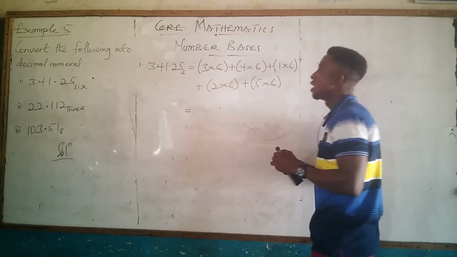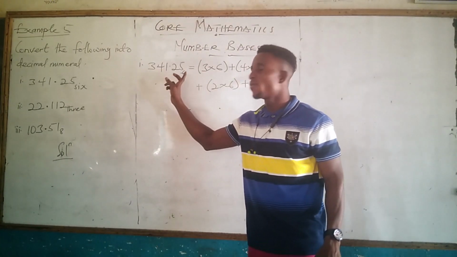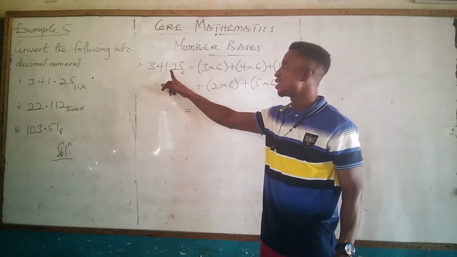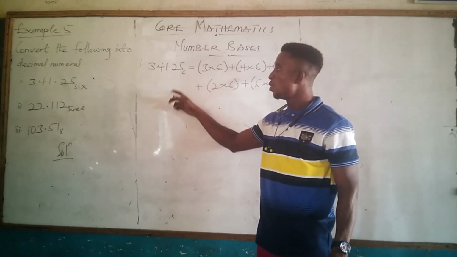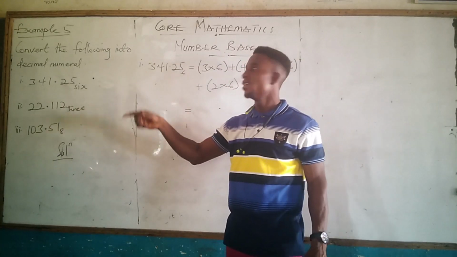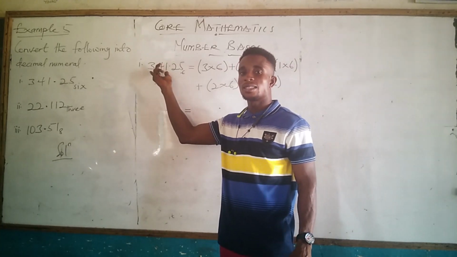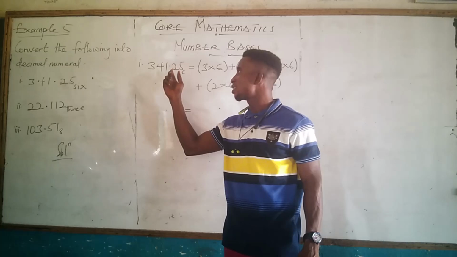Then what do we do next? This one is the whole number part of the number base 6, and this is the fraction part. All those we started with were whole number parts, so we go by the same procedure for the whole number part. Then we do something to the fraction part.